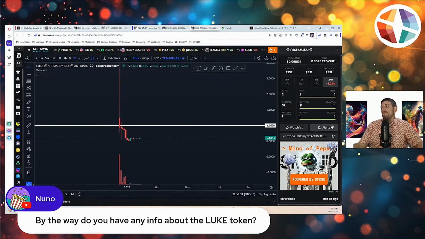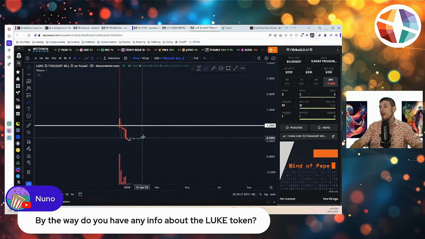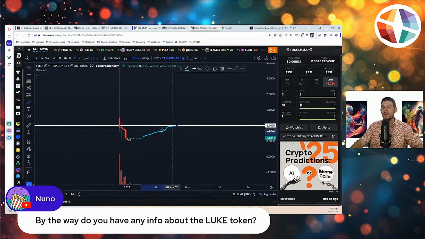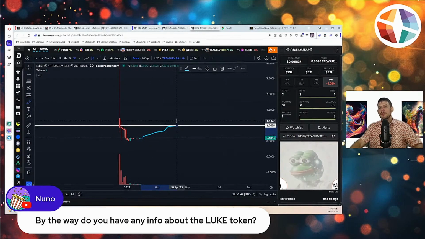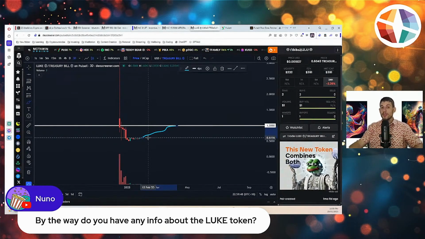So basically, you could buy up Luke until it gets to 1-to-1, and then you could swap the Treasury. So basically, you're swapping Treasury for Luke here. So this is a great way to increase the amount of... Wow.